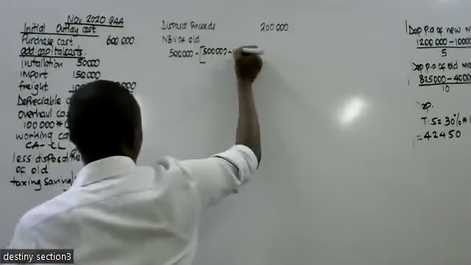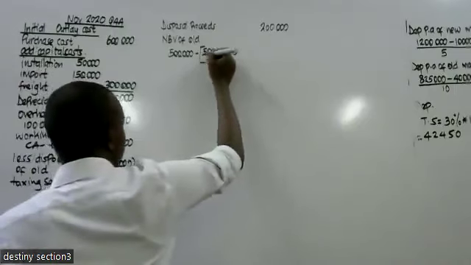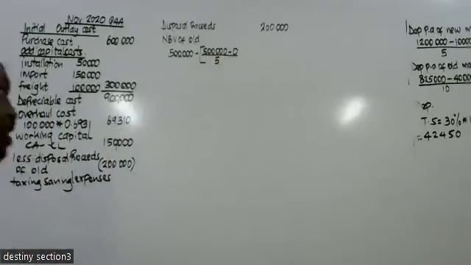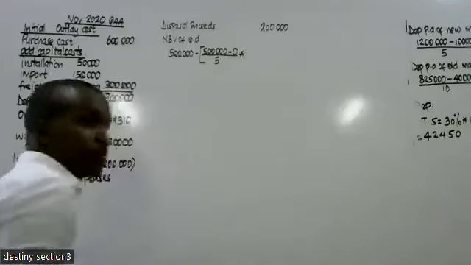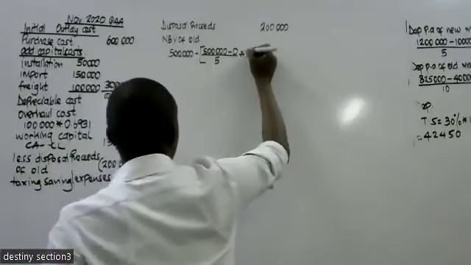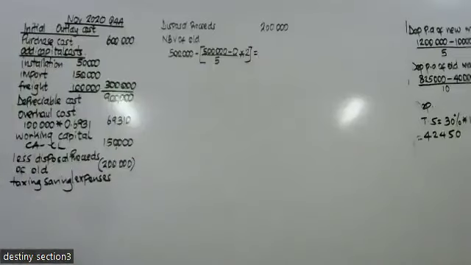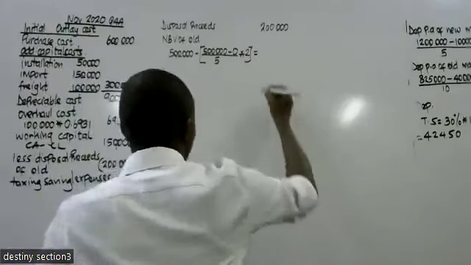So now, that asset was being used for how many years? 5. But it has been used for how many years currently? It was purchased 2 years ago. So it's 200, 300.